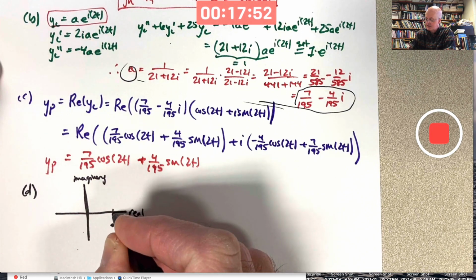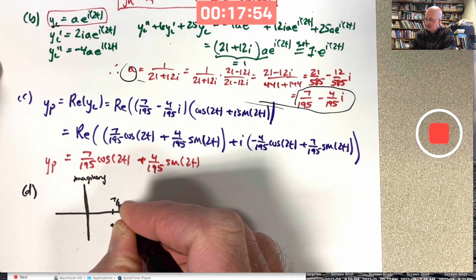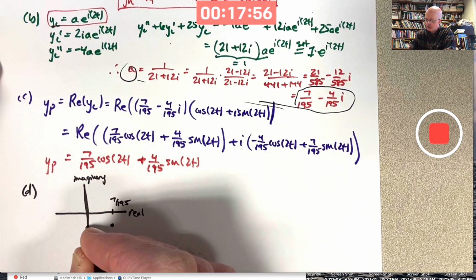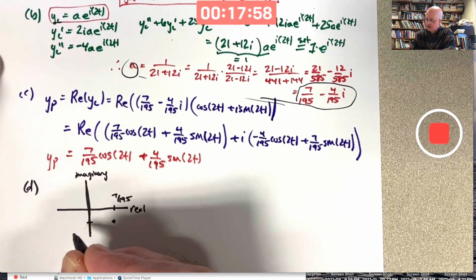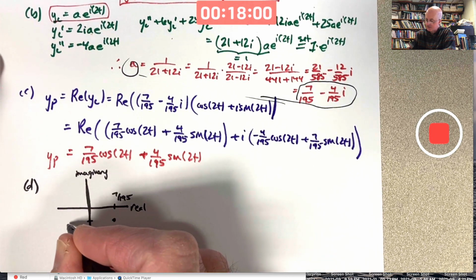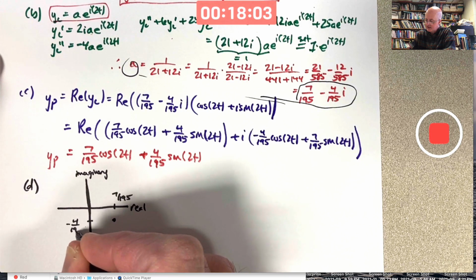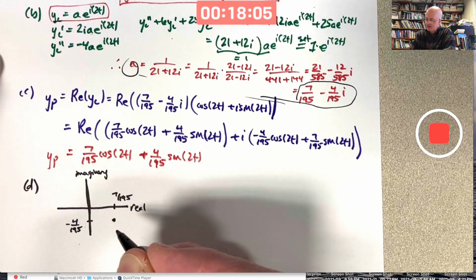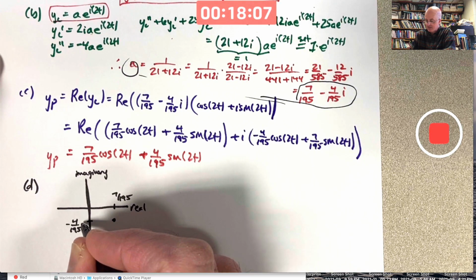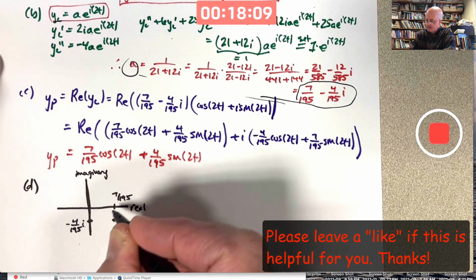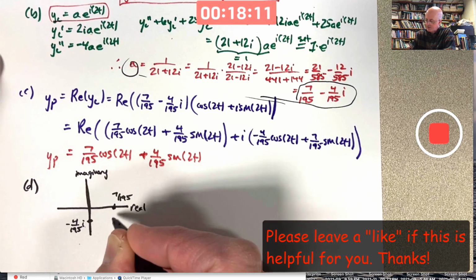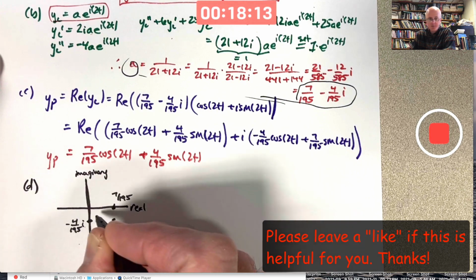I'm imagining this number here is 7 over 195, and this one on the imaginary axis, as far as the rectangular coordinates go, is negative 4 over 195. Of course, as a complex number, that would be negative 4 over 195 i, and maybe I should label it that way, thinking of it as a point. But the complex number we're after, this is the a, is right there.